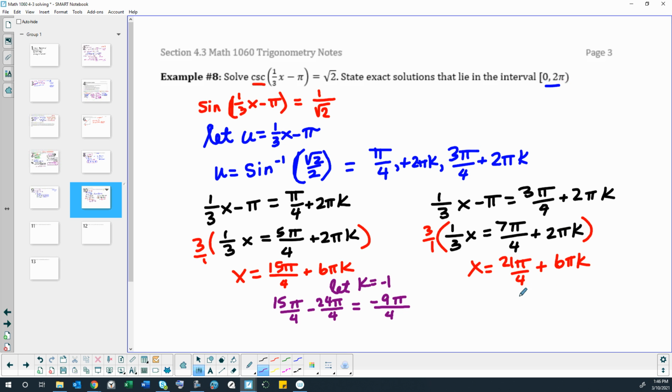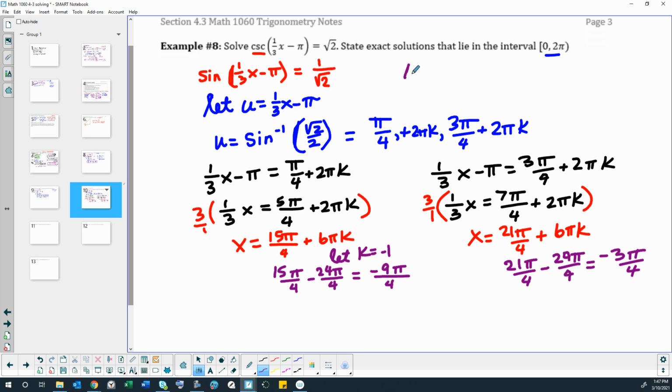Okay, well what about this one? This one would be kind of the same idea. We'd have 21 pi fourths and we would subtract 24 pi fourths, which would give us -3 pi fourths. That one is also smaller than 0. I'm beginning to think we don't actually have any answers between 0 and 2 pi, because if I go backwards and add that 6k back in, I would just get what I would have had if k equals 0, and that is definitely not going to fit between 0 and 2 pi.